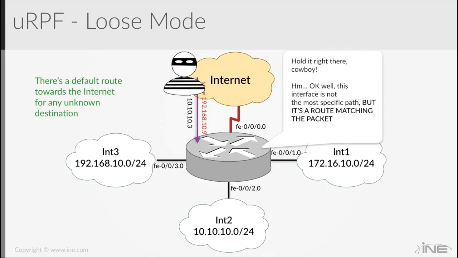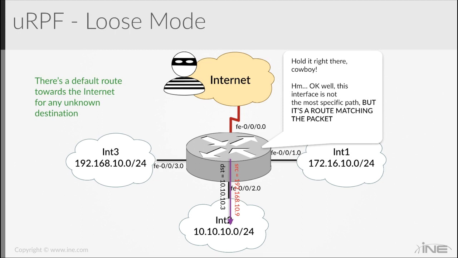And guess what? Everything matches the default route. So the router says, okay, well, the interface is not the most specific path, but it's still a route to the matching packet, so I'll just allow it. I'm just a loose guy, right? This is something you don't want to do.